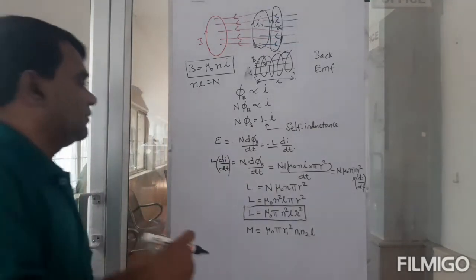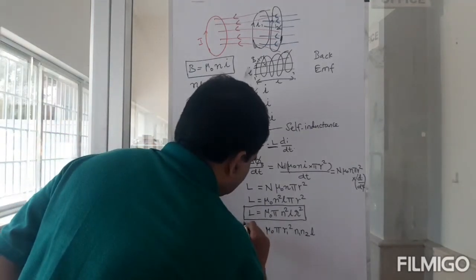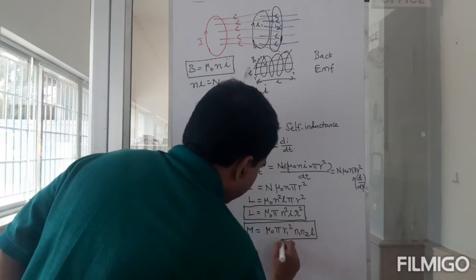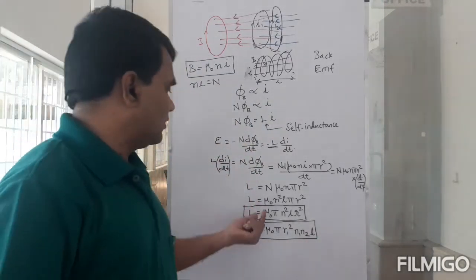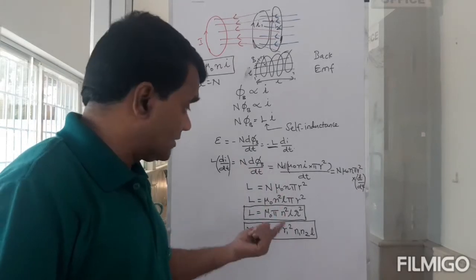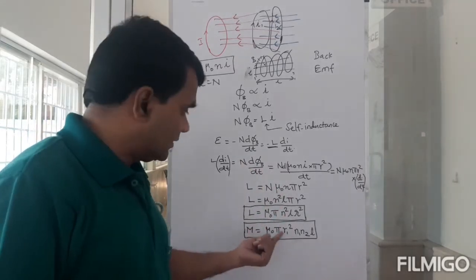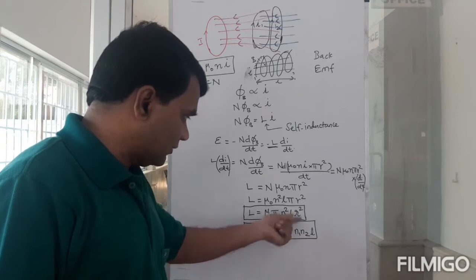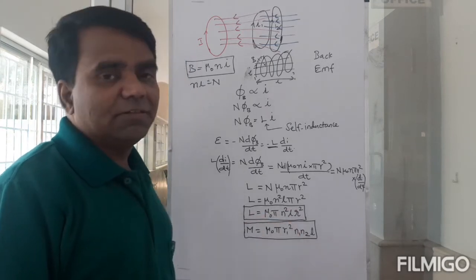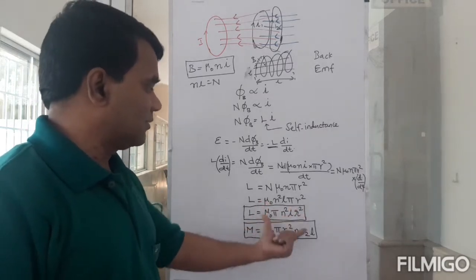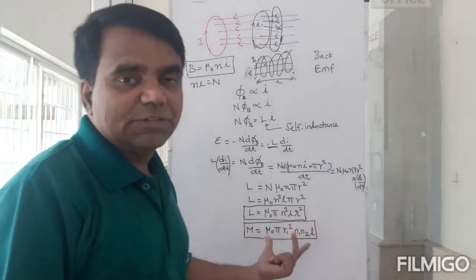So you can see that they are similar. The only difference between mutual inductance and self-inductance in this coaxial case is that mu naught pi R1 squared match, and instead of N squared you get N1 multiplied by N2, and then l. You'll be able to remember this formula very easily.